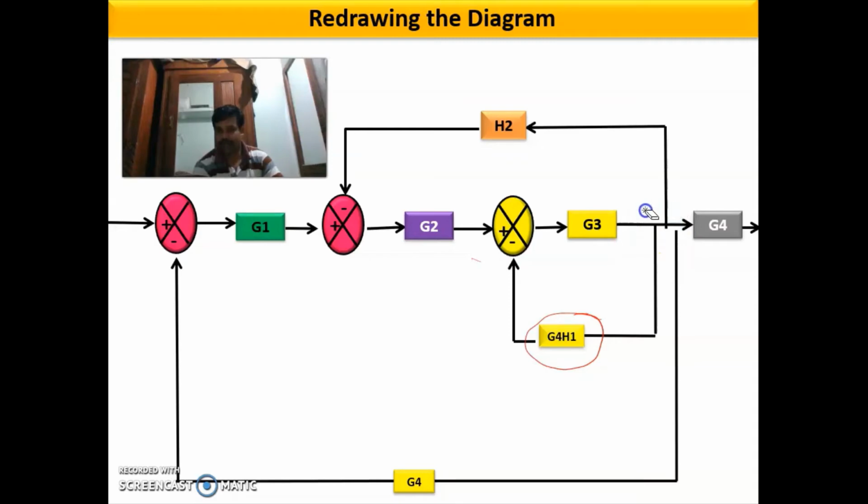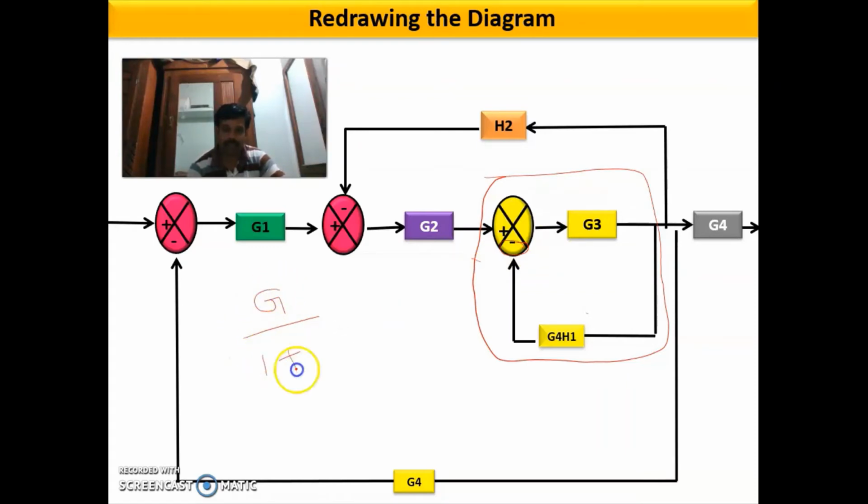Now when analyzing this figure, we understand that here you have a feedback loop. The type of feedback is negative. If you have a negative feedback, then its equivalent is G divided by 1 plus GH.